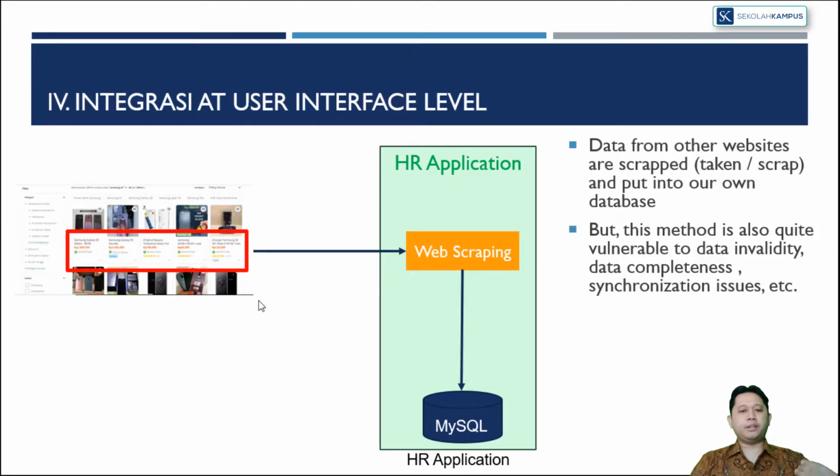Also, we can mention synchronization issues, because this may take an hour or a day, and we may scrape the same information at the same time. For example, in one day we can get the same information because the web scraping is scheduled, for example, for every hour.